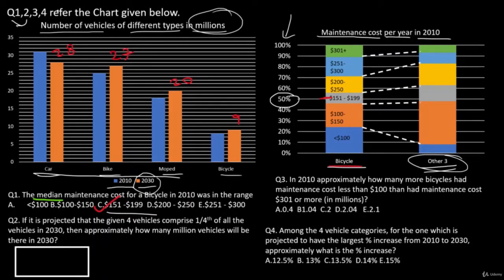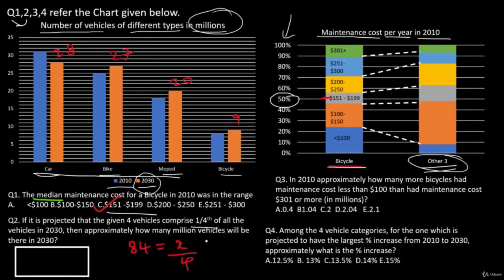So the total number of vehicles of the 4 given categories is 28 plus 27 plus 20 plus 9 million. When you add these 4, you get 84 million. Now it's given that the sum of these 4, that is 84 million, is 1/4 of all the vehicles. So if X is the total number of vehicles, then 84 is equal to X by 4.